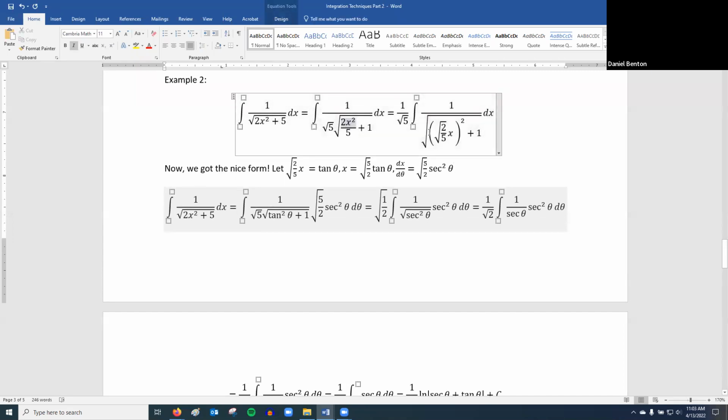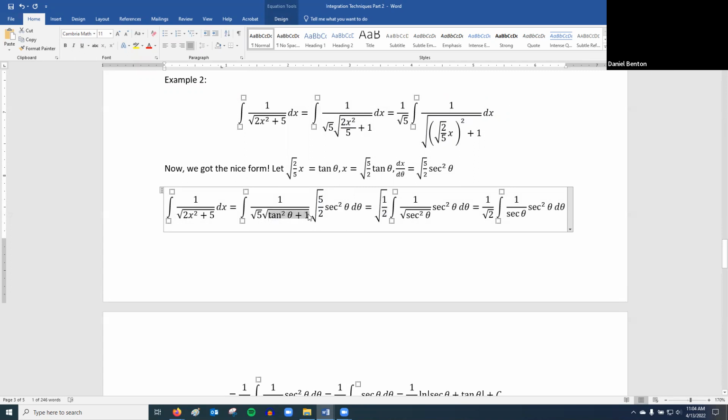We're going to substitute in for that and call it tangent. And then we're going to substitute in for that and call it square root of 5 over 2 secant squared d theta. Then we're going to simplify. Square root of 5, square root of 5, cancel out, and that leaves us with 1 over the square root of 2. Let's pull that out front.